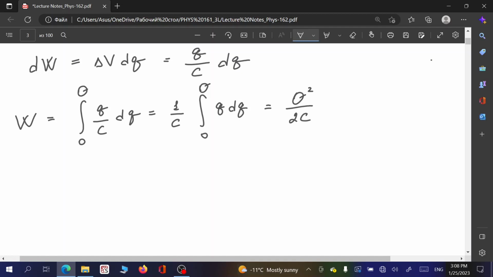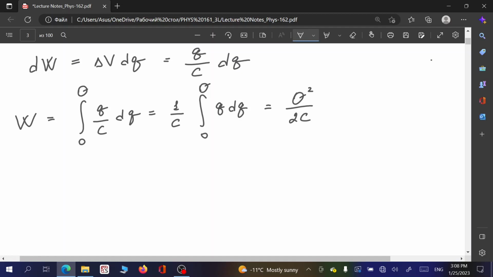So this is the expression for work needed to be done to charge a capacitor with capacitance C from 0 to this charge capital Q. And obviously, if we assume that there are no losses or any dissipation of energy, that will be equal to the energy of the electric field created in this capacitor, meaning accumulated in this capacitor.